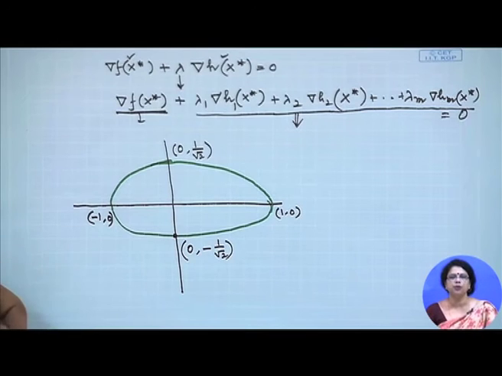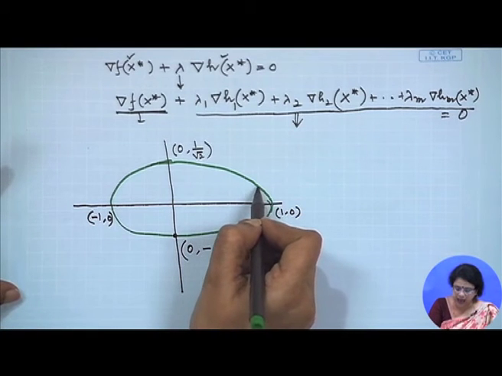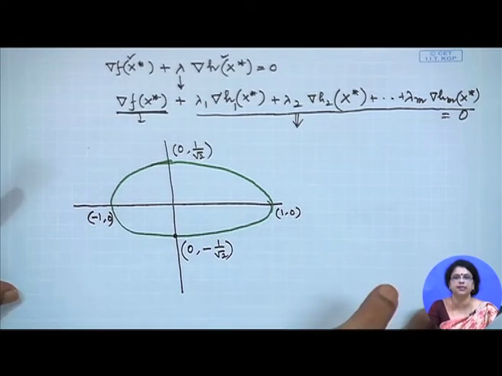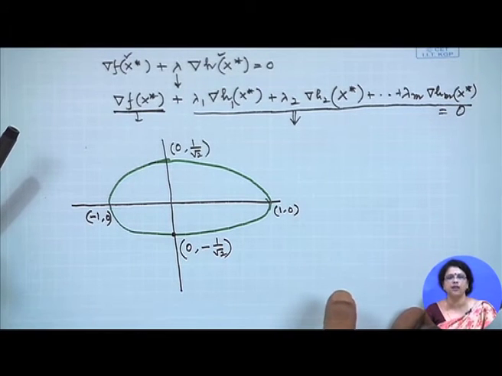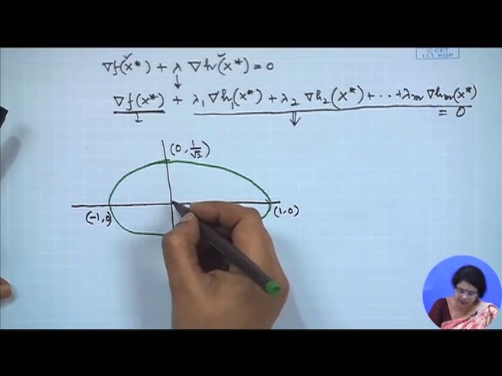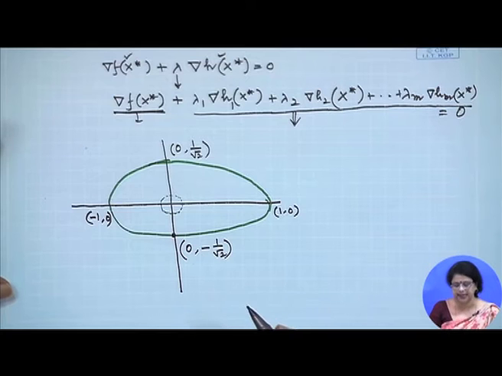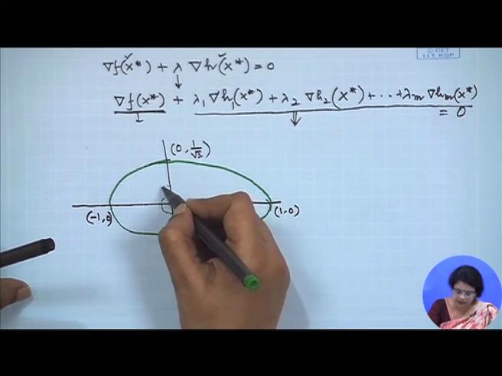Now, this is the constraint set. We can work only on the boundary of the ellipse, because the constraint is of equality type. The feasible space is only the boundary of the ellipse. Now consider the circle x square plus y square, centered at 0. The circle is moving further.